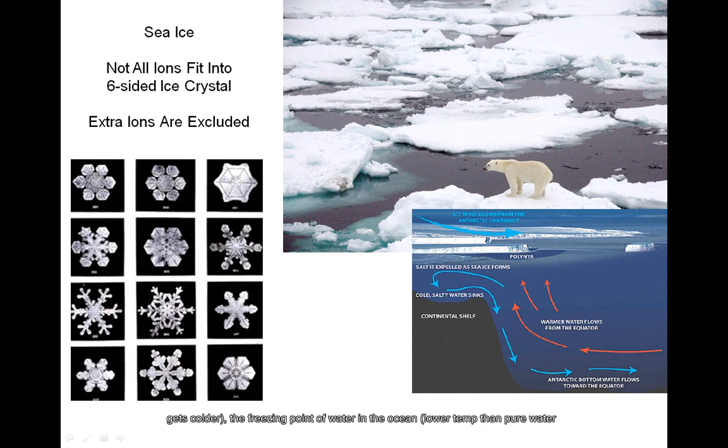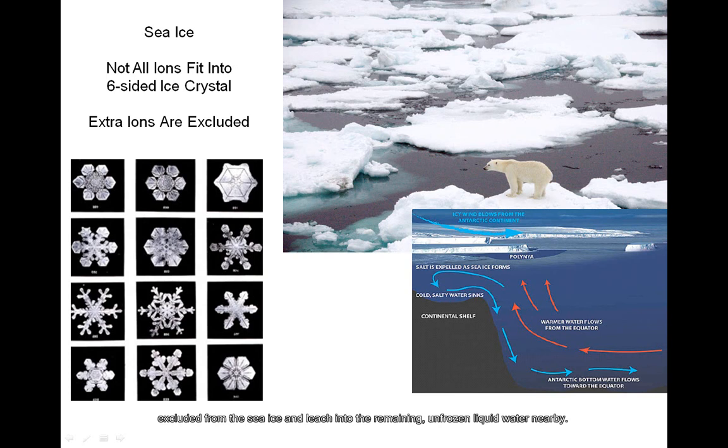Now, that minus 1.7 degrees Celsius is the freezing point of water in the ocean. It's a lower temp than pure water because the ions inhibit the formation of the six-sided ice crystals. Now, once the water does hit that freezing temperature, it will begin to freeze into sea ice. But not all of the ions that were dissolved into that water will fit into the six-sided crystal of solid ice.